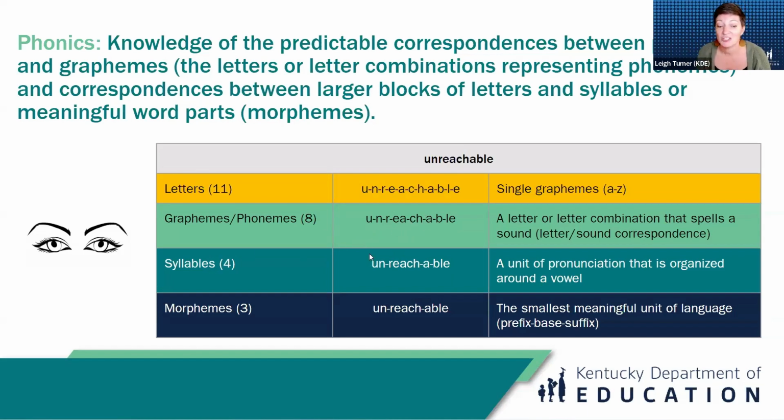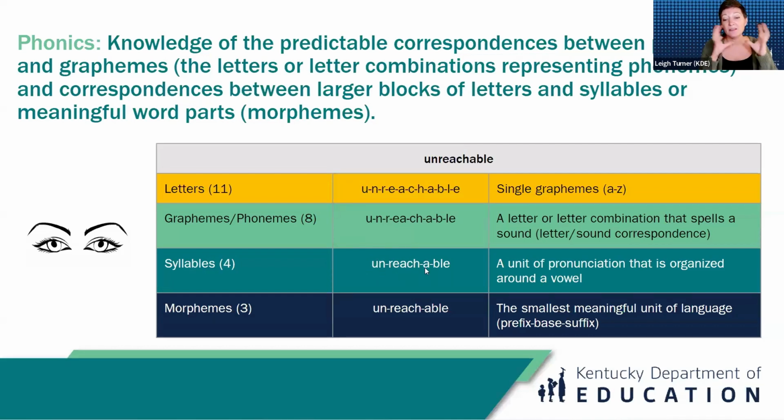We also want to teach kids syllables, and this really goes into when a child is older and they get to the 4th and through 12th grades, we want them to be able to know that a word has a part that is surrounding a vowel sound. Every syllable has a vowel sound.